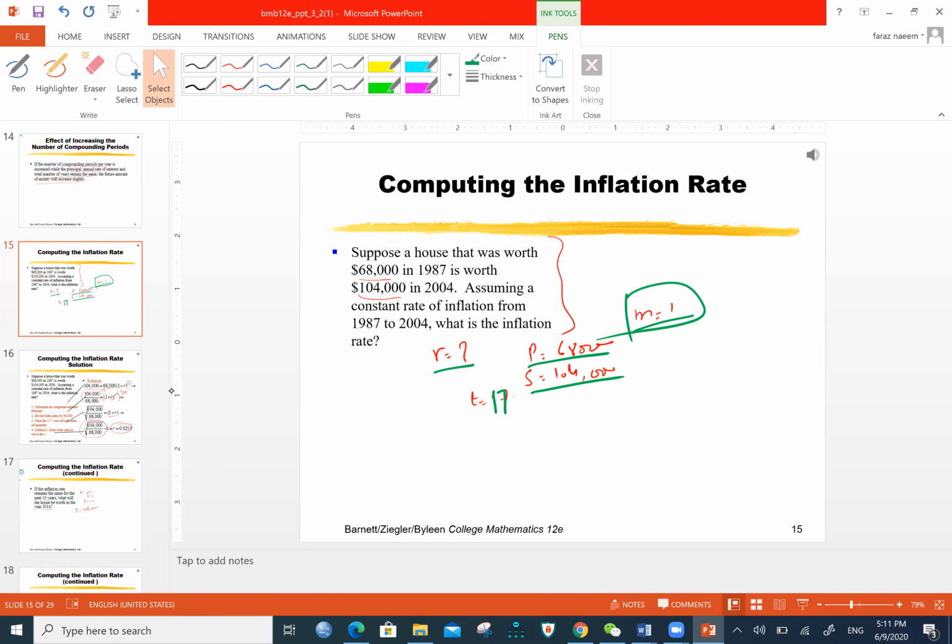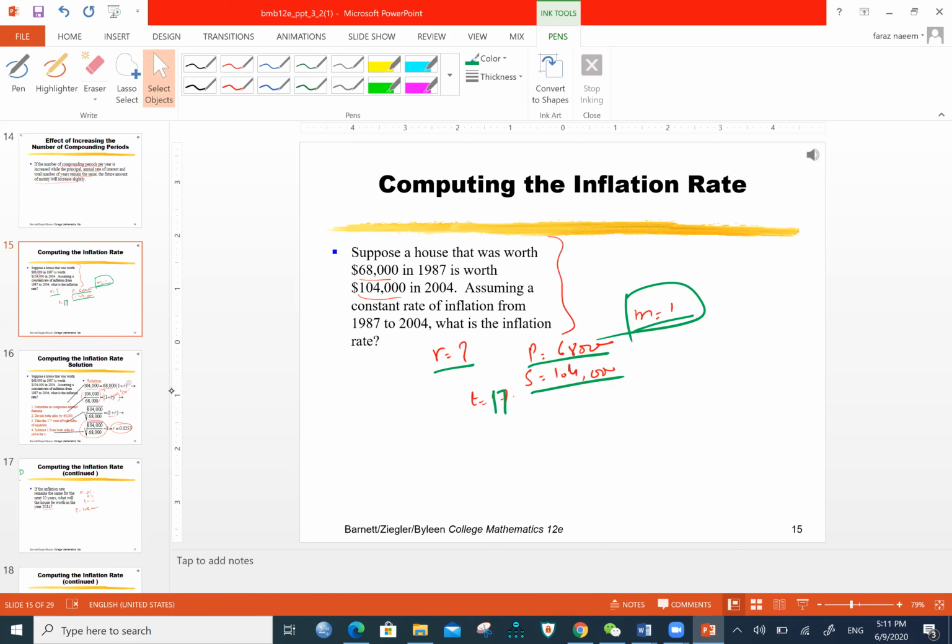Now the increase in the worth of the house, you are not getting any interest on that which you can withdraw and use. In other words, we are reinvesting our interest, because after every month or every year we don't withdraw it. That is the reason why it is a compound period. It is compound interest. Is that clear?